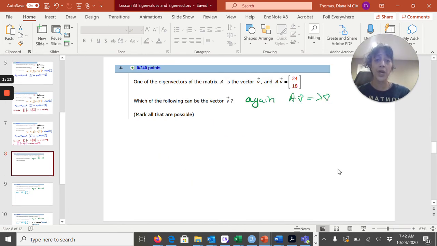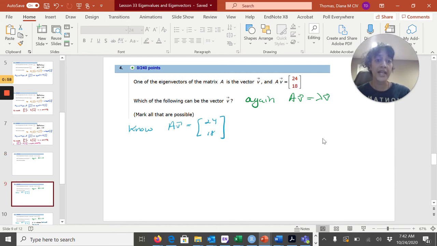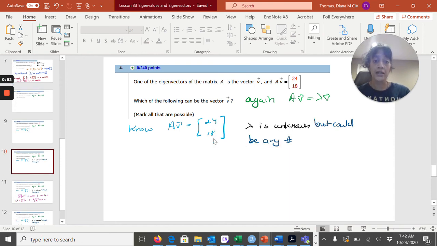Here they ask, you're given one of the eigenvectors. You're not given the eigenvector or the matrix A, but you're just told that it's an eigenvector and A times V is equal to this. So what do you know? A times V has to be lambda V. So I know that AV is equal to 2418. Lambda is an unknown, but it could be any number.